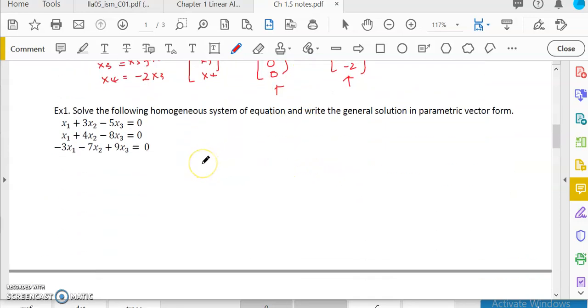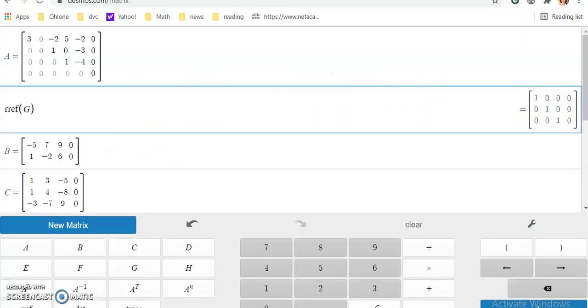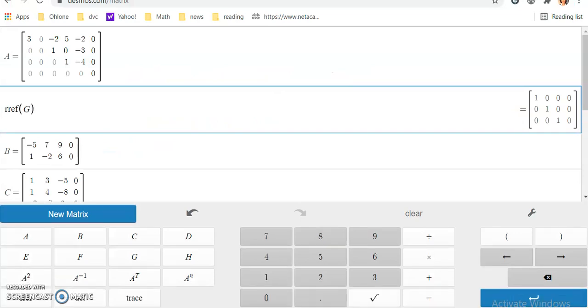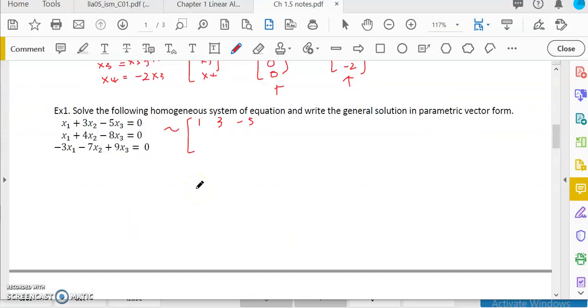Okay, so let's actually solve it. Suppose someone gives you a system, it is a homogeneous system. We've got to solve it by writing the augmented matrix 1, 3, negative 5, and 1, 4, negative 8, and then negative 3, negative 7, 9, 0, 0, 0.